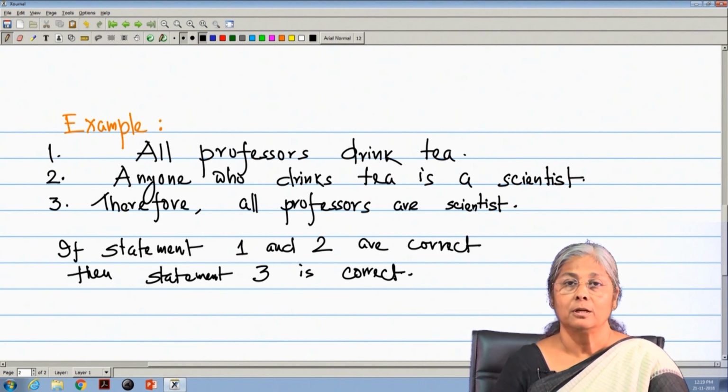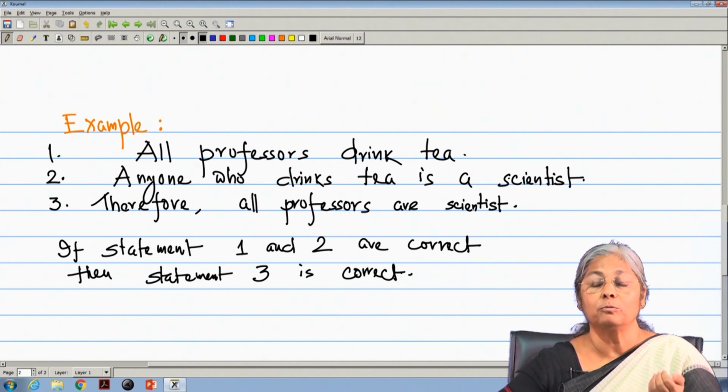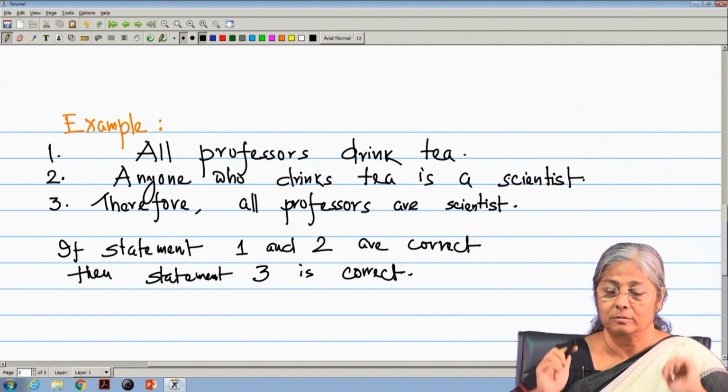So, this is logic. What is the advantage of logic, or why is it so important, or why will we read logic?